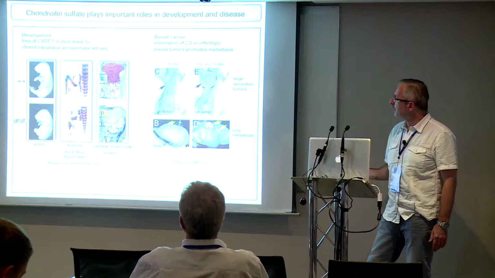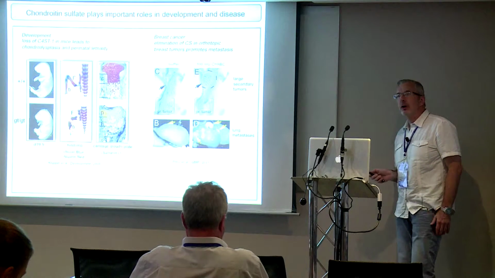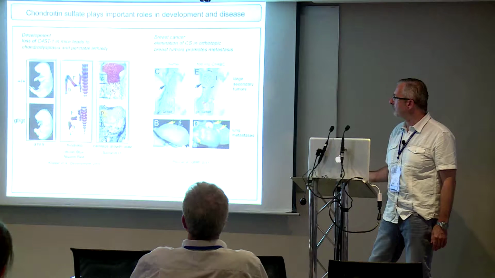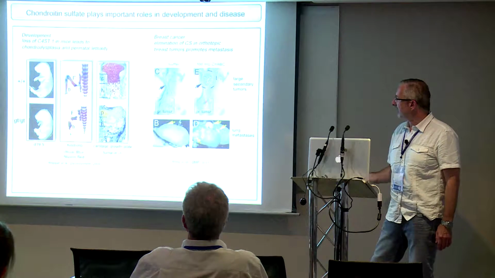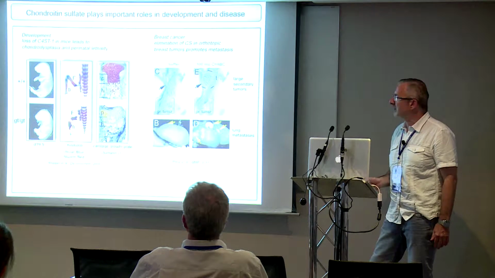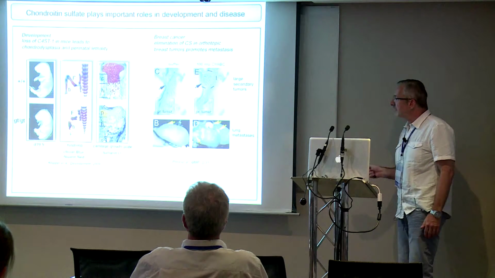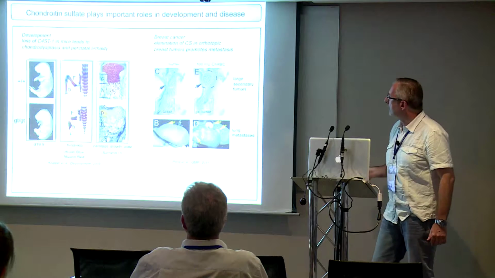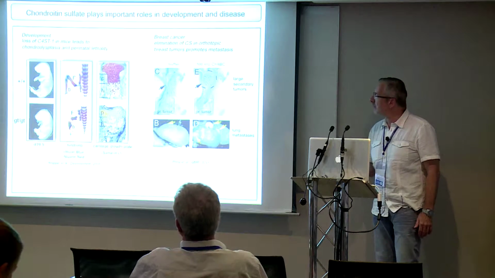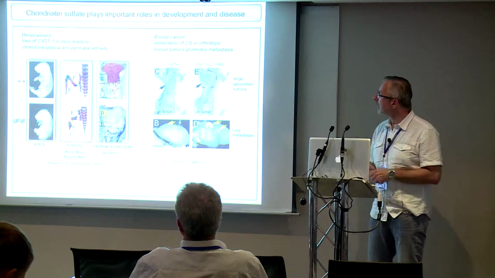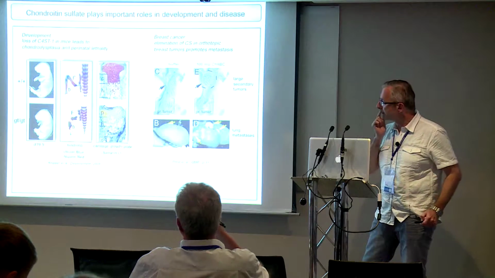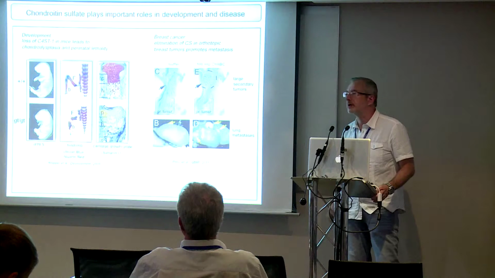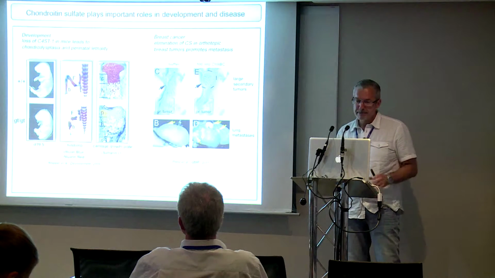In breast cancer, when we do orthotopic tumor models and digest chondroitin sulfate in those developing primary tumors, we get large secondary tumors and a large increase in lung metastases, indicating that the presence of chondroitin sulfate actually suppresses a metastatic phenotype in these orthotopic breast cancer models. So these data and others as well, of course, seem to support the notion that chondroitin sulfates do play a fairly important role in development and disease.